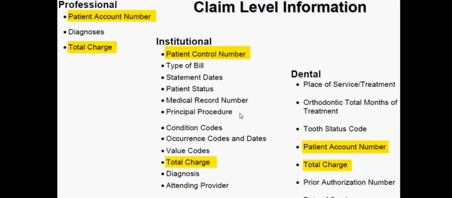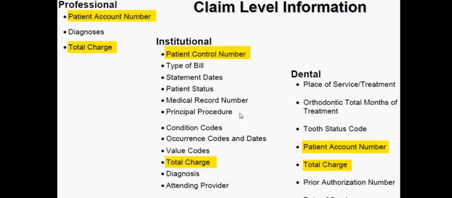The condition codes, then the occurrence codes. So there's a different type of codes. There's a provision for these institution claims. Then there's a value code. Then there's a total charge. That means for this particular claim level. So since we're talking about the claim level information, the charges that are appearing on the claim, which is nothing but the sum of all the line level information, is your total charges.